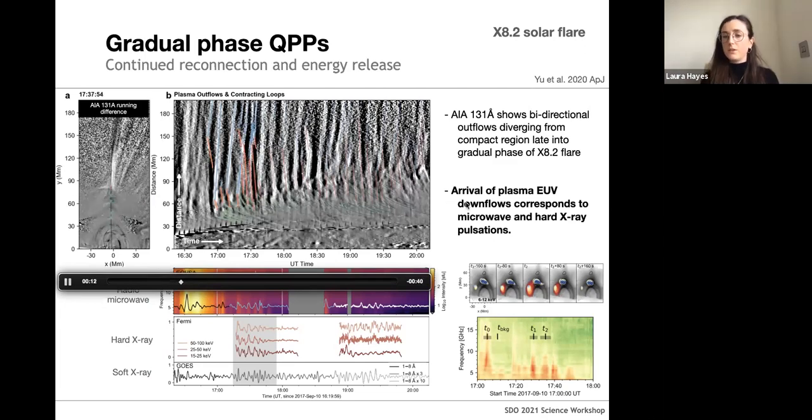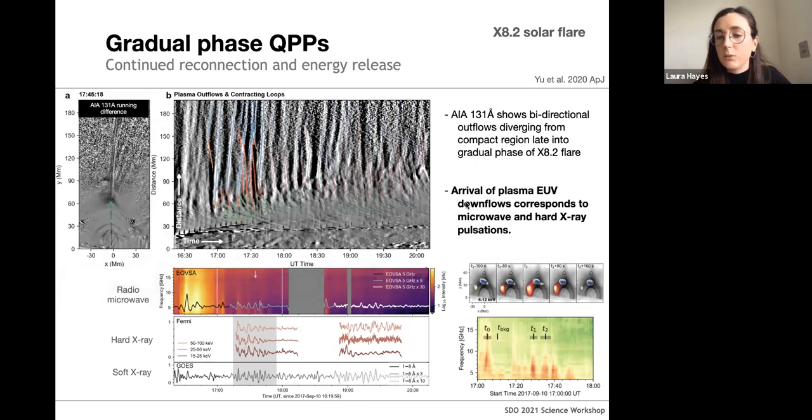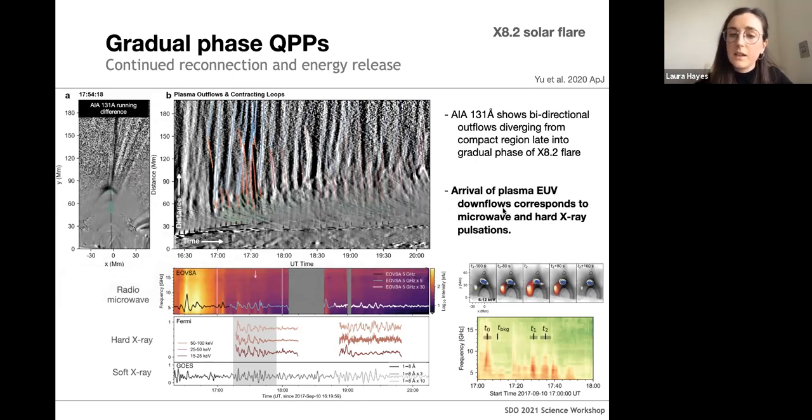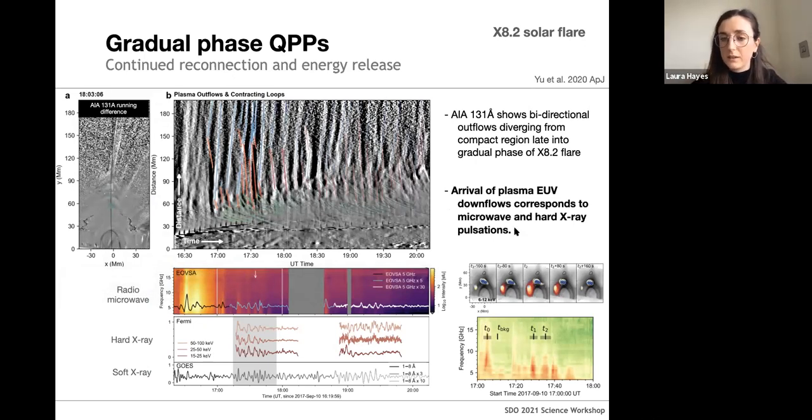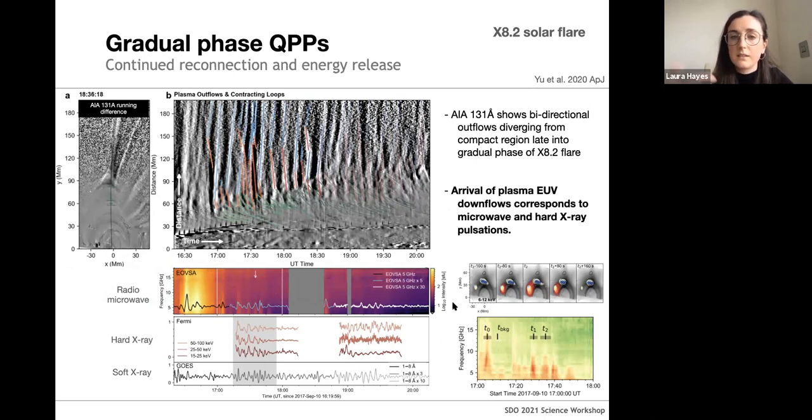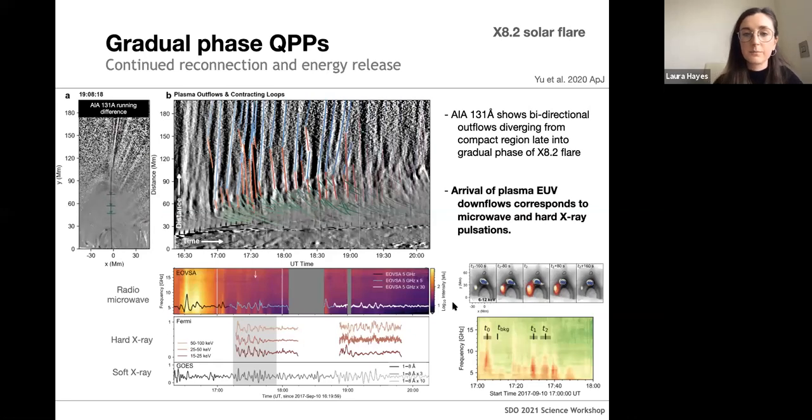And they were able to determine that the arrival of these downflows coexisted with the pulsations they see in the non-thermal radio observations. So perhaps this is suggestive that continued energy release into the later phase of the flare is causing these decay phase pulsations, and may help us understand decay phase heating and things like that.